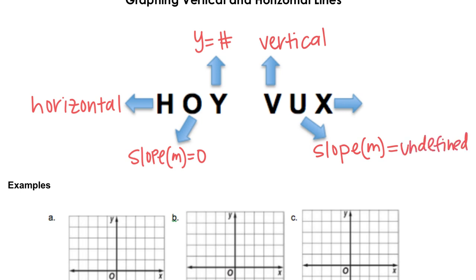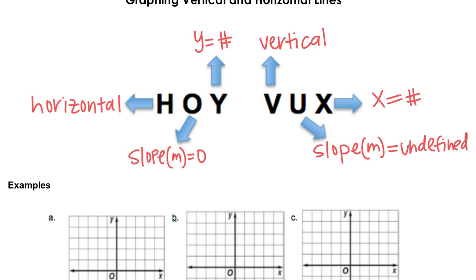It is so steep that we cannot define it. The X in VUX stands for what our equation would look like of a vertical line. So if I have a vertical line, the equation is just going to have x equals and a number. There's not going to be a y in the equation of a vertical line.